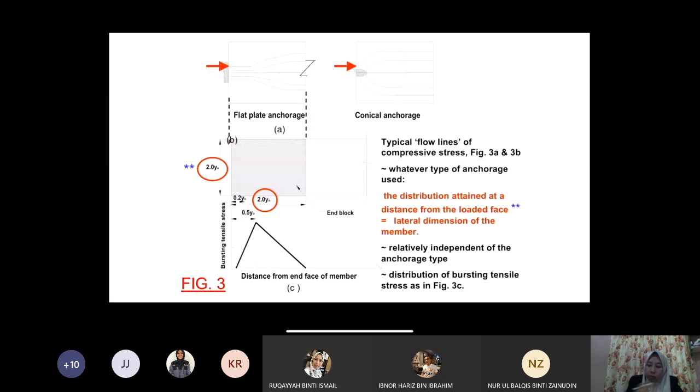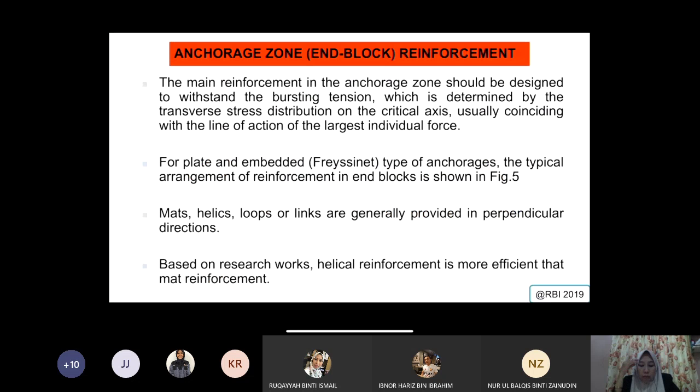So here the reinforcement. When you provide reinforcement for your end block, it must be designed to withstand the bursting tension, which is determined by the transverse stress distribution on the critical axis, usually coinciding with the line of action of the largest individual force.